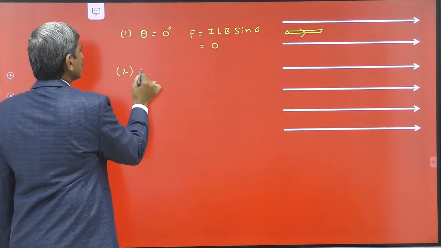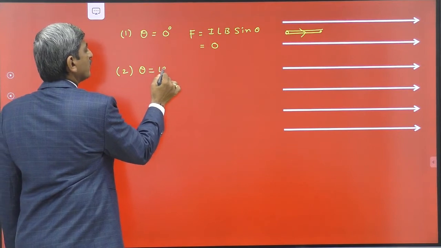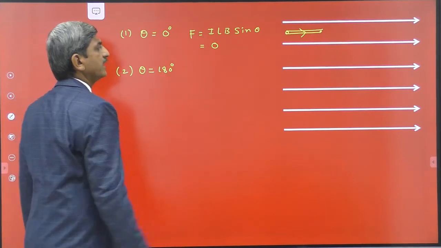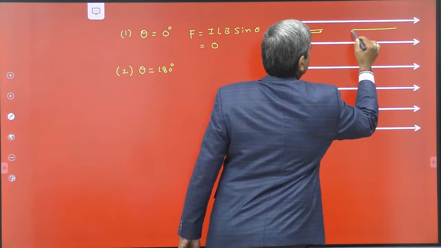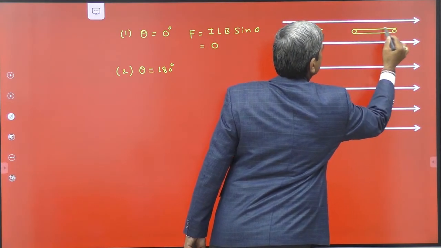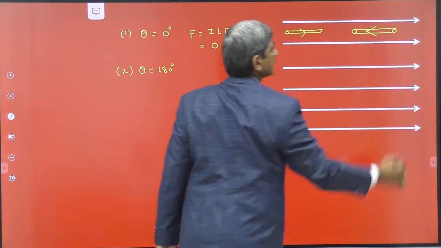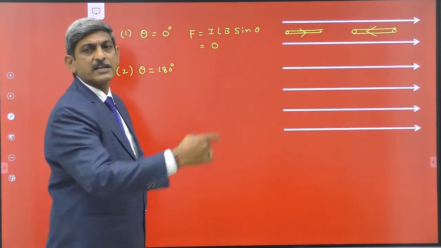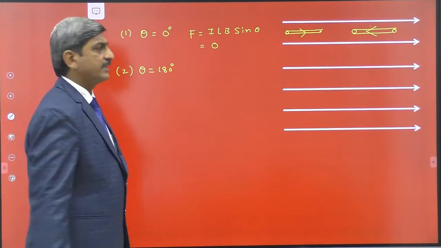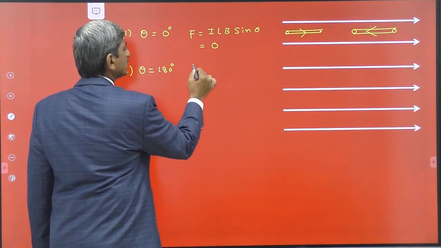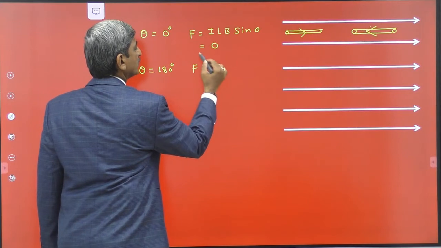Suppose theta is equal to 180 degrees. It means the direction of the current passing through the conductor is opposite to the direction of the magnetic field like this, and the length of the conductor is parallel to the magnetic field. In this case, theta is equal to 180 degrees. In this case also the force F is equal to 0.